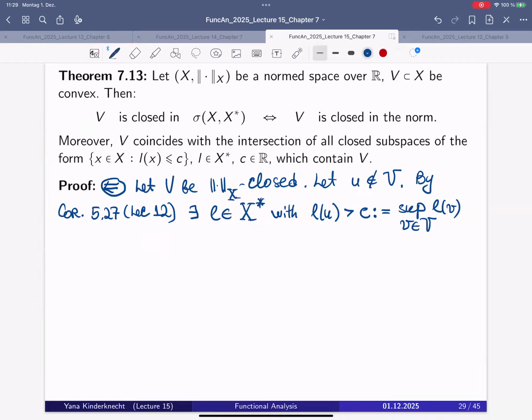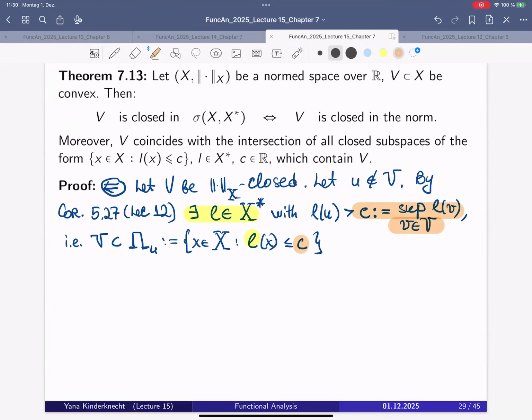And so now let us interpret this separation. We have shown that V belongs to the set, let me call this set P_U, which is the set of all x in X such that L of x, exactly this L, is smaller or equal to C, with exactly this C. And we also know that the point U does not belong to this P_U.